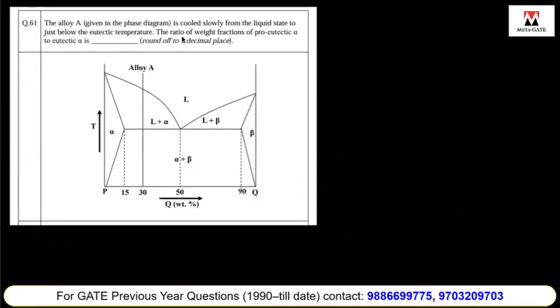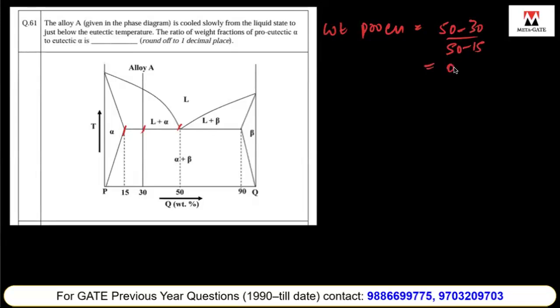The ratio of the weight fractions of proeutectoid alpha to eutectic alpha is asked. Using the lever rule, the weight fraction of proeutectic alpha is, with 15, 30, and 50, 50 minus 30 by 50 minus 15.